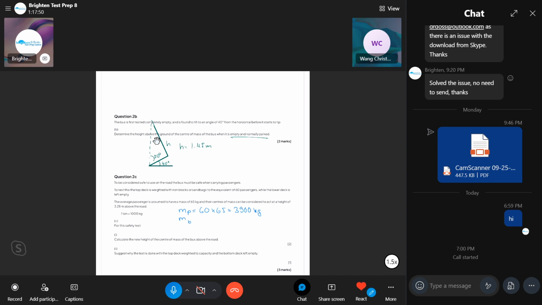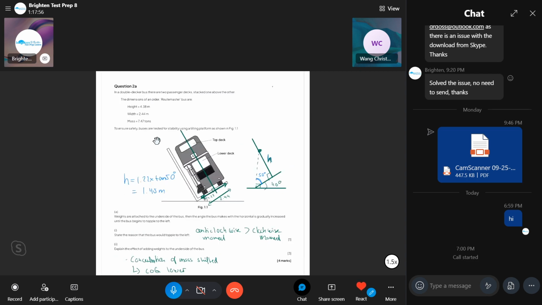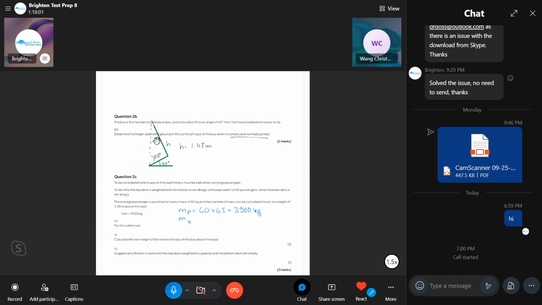And what is the mass of the empty bus? Just the bus alone, the bus shell. Go back here. 7,470 kilograms. Okay, so you have the two masses.